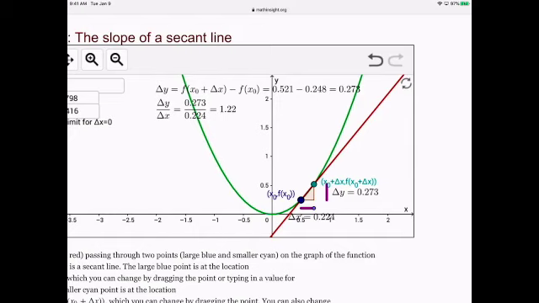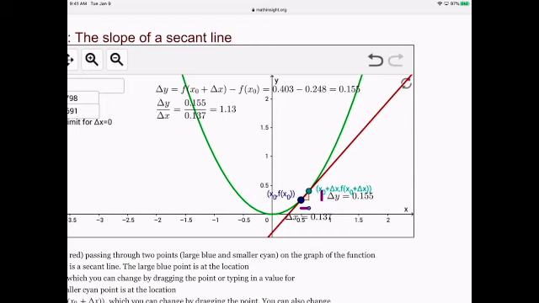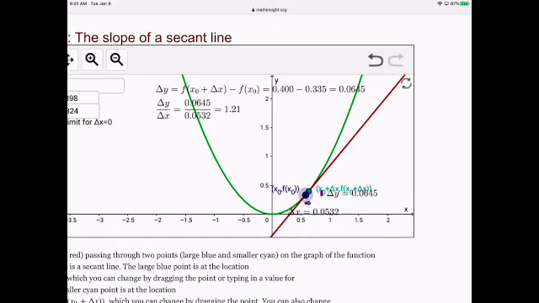So someone took the slope of this line and then they moved closer to 0.5. Then they found the slope of that line and then they moved closer and closer until they got so close that you could estimate really well the slope that touches at just that 1 point.